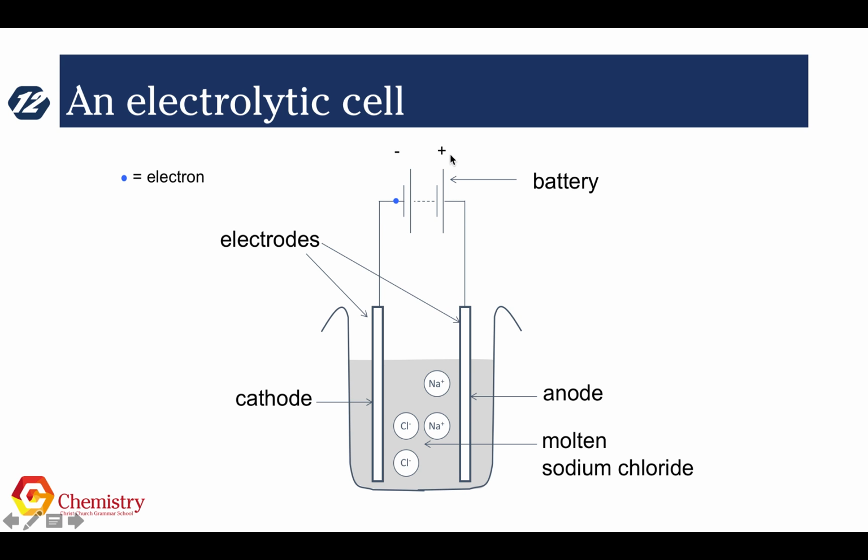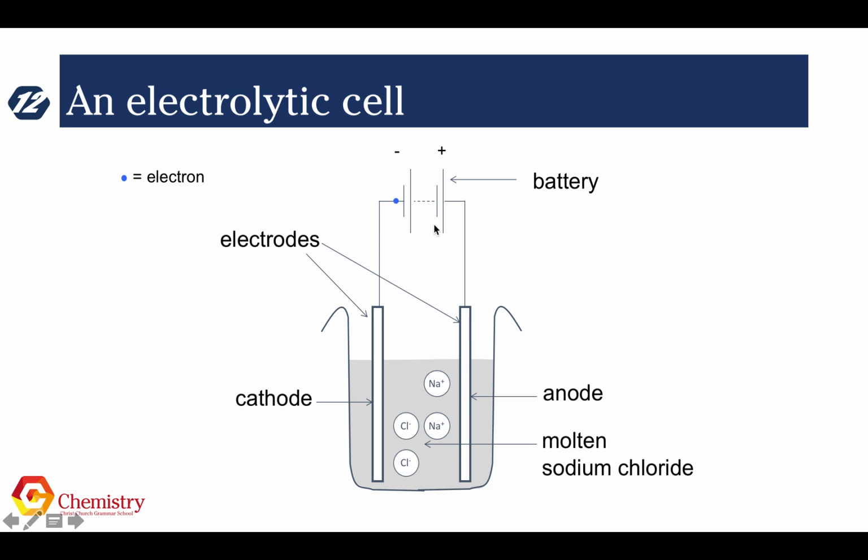This is essentially just a potential difference. So some things that students typically get wrong with electrolytic cells: the battery symbol here, the longer line that you can see on the diagram here is the positive, and the shorter line is the negative.